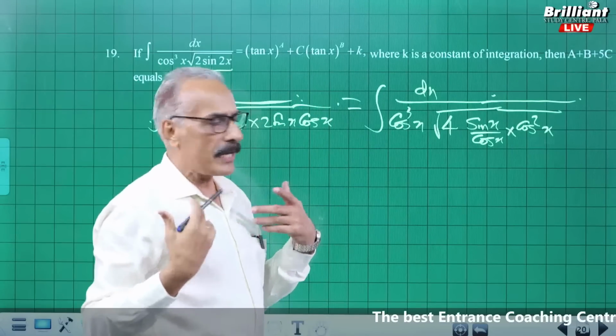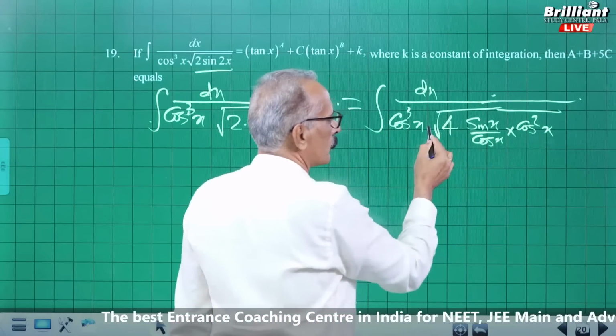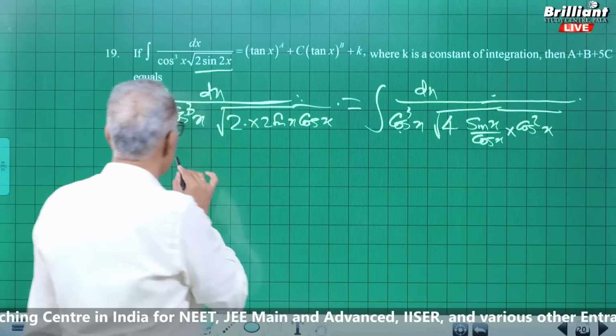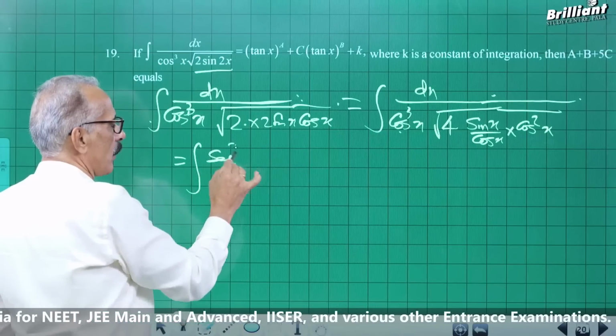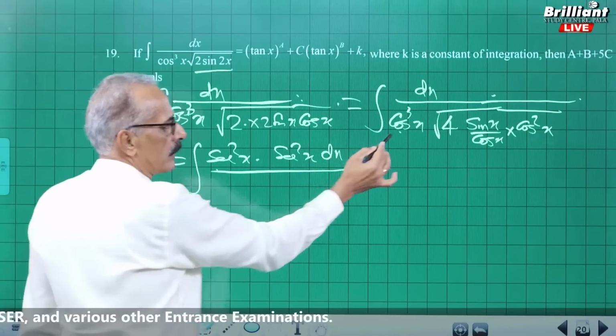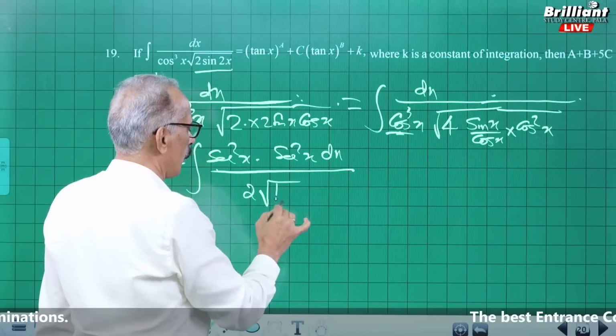I made the sin x into tan, dividing and multiplying. This cos square outside the root will become cos raised to 4. Cos raised to 4 goes up in the numerator, so it is sec square x into sec square x dx whole divided by 2 into root over tan x.